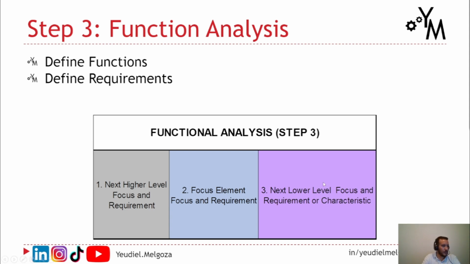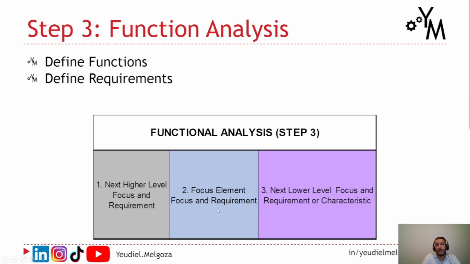In this case, this step is divided into these 3 requirements. The first one, the next higher level focus and requirement. Here, the function and requirements that the next higher system expects from the focus element. Later, the focus element focus and requirement.